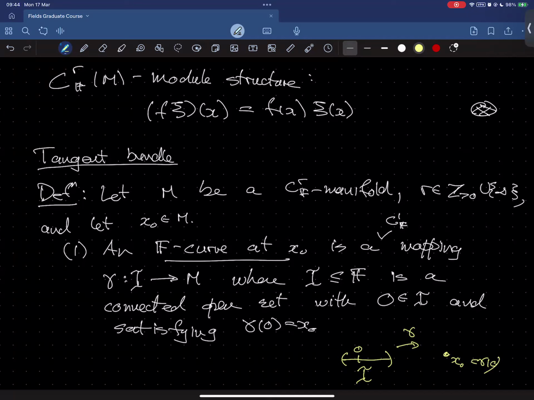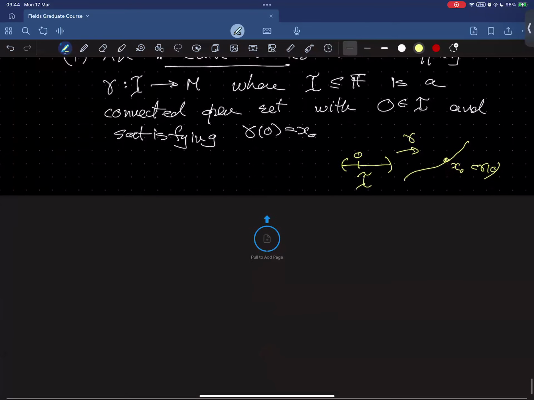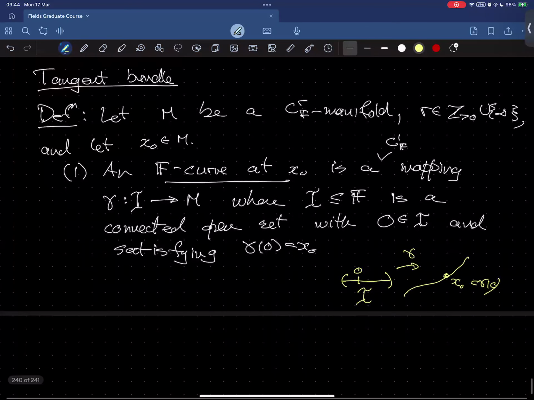So it's a curve which passes through x naught at time 0, is how you can think about that in the real case. And in the complex case, however you want to think about that. So that's what a curve at x naught is.